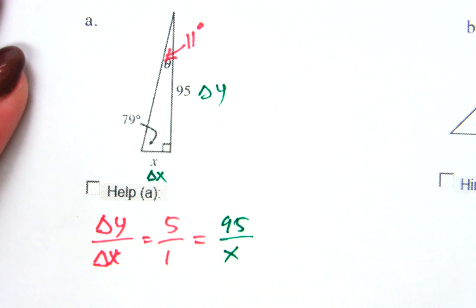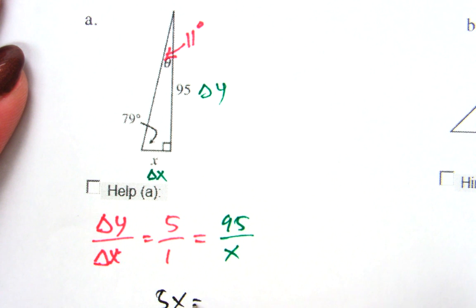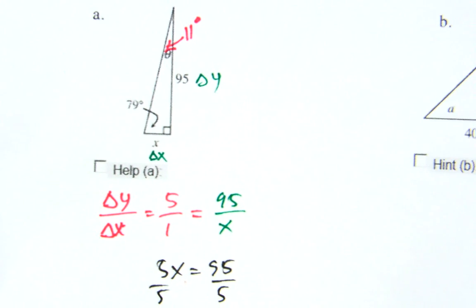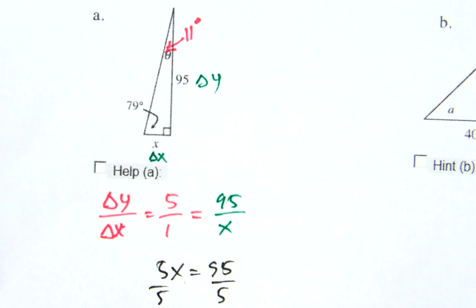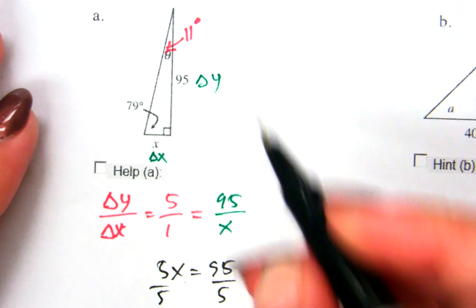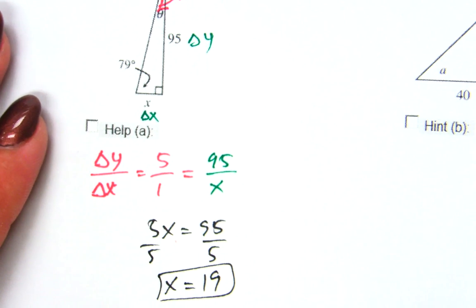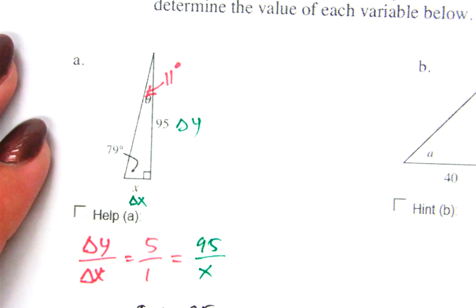So this is basically just solving the equation. 5x equals 95, divided by 5 on both sides, you get x equals 19. All right, so x is 19, and theta is 11 degrees.